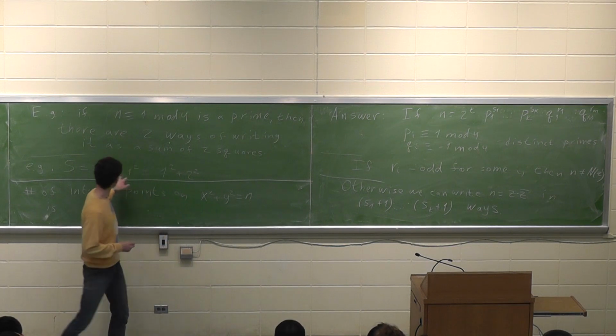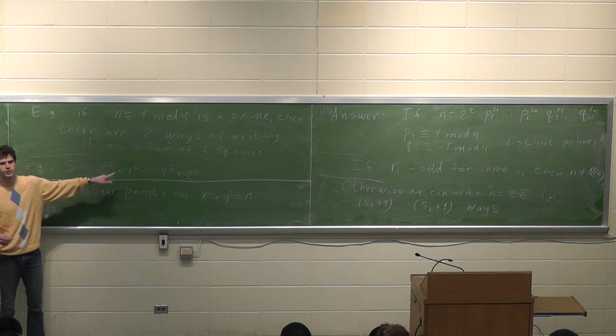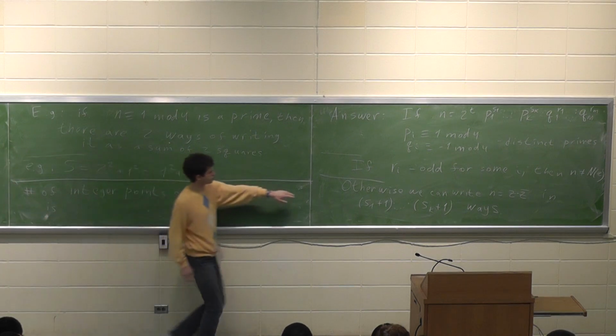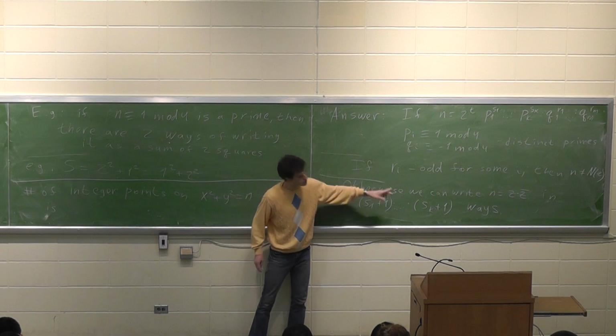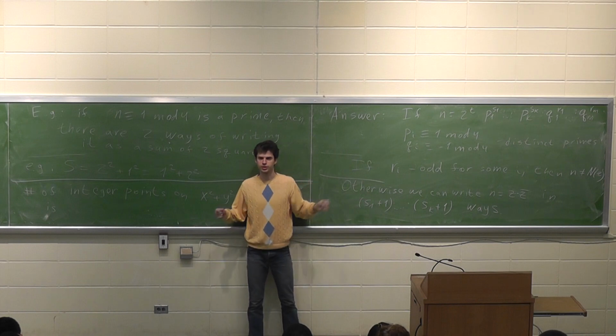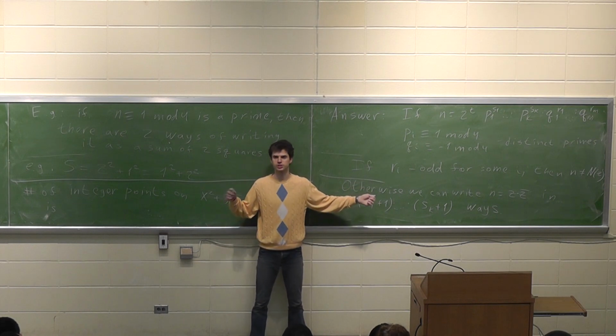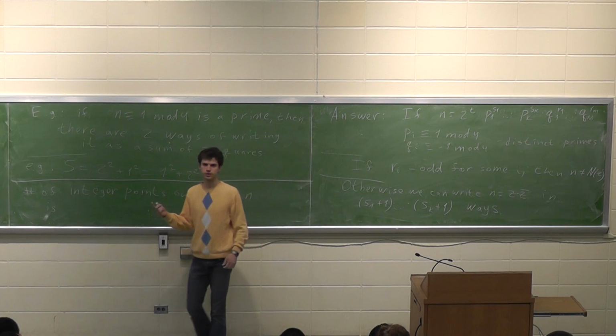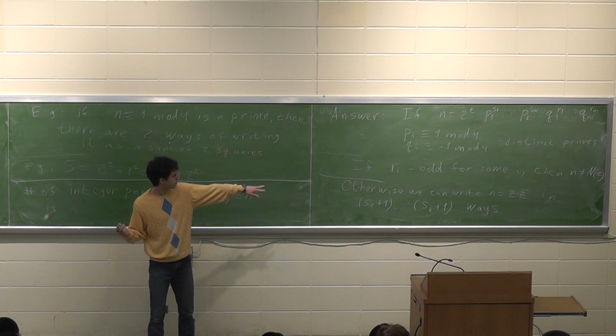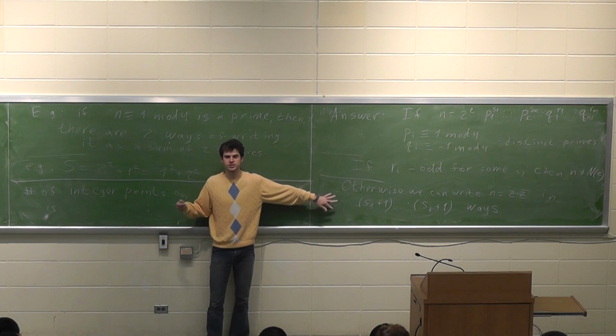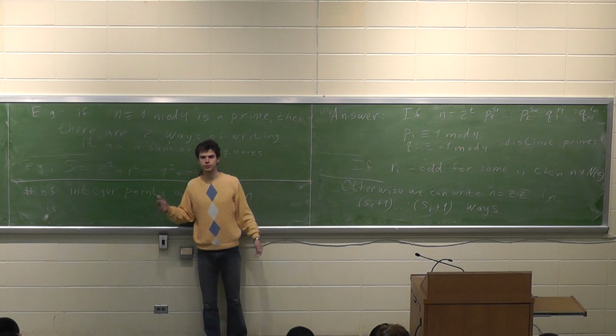So here I'm not counting the ways of plus minus 2 and plus minus 1, and here I'm only writing it up to units. So I can always multiply z by a unit and z conjugate by the conjugate of this unit. So essentially, here I'm counting only ways which are not equivalent up to units.